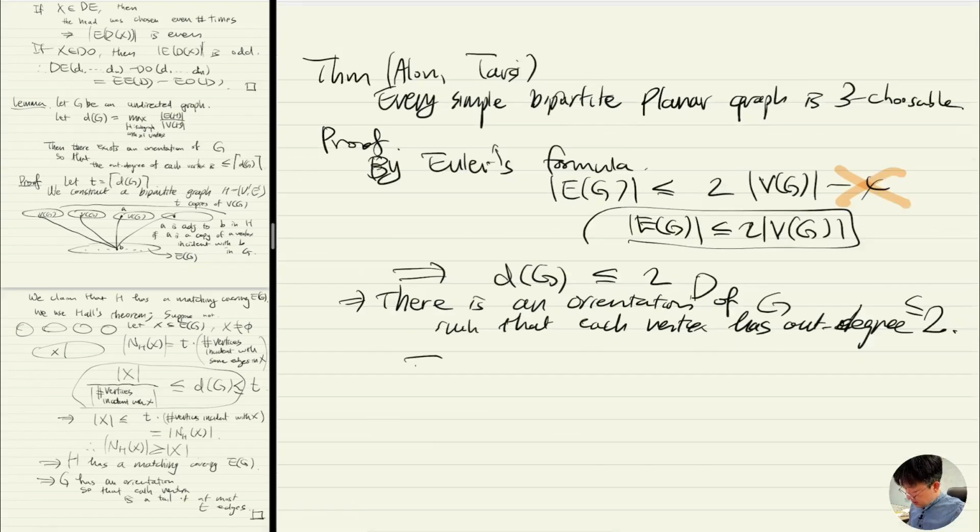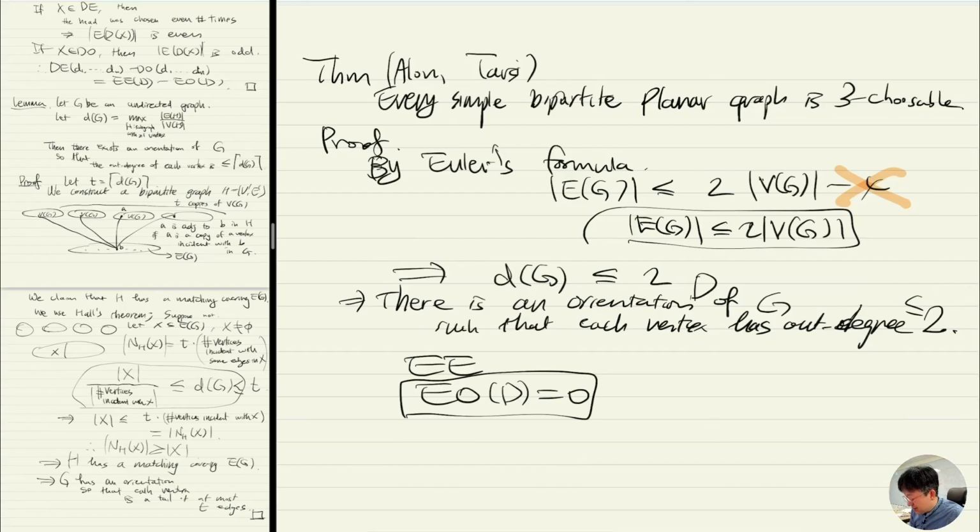Now, what are EE and EO, the numbers of even and odd Eulerian subgraphs? First of all, EO of D is 0. Why?